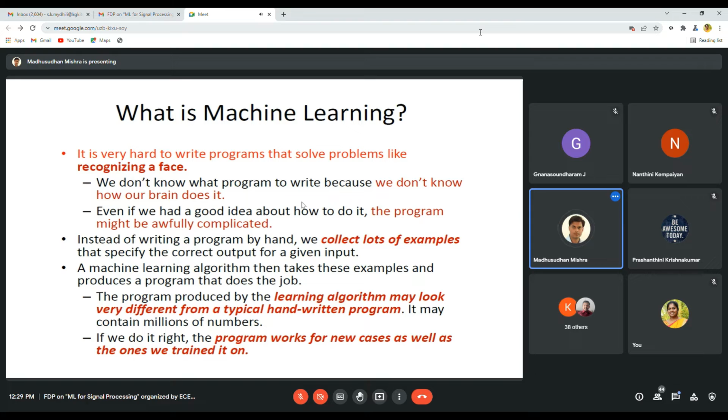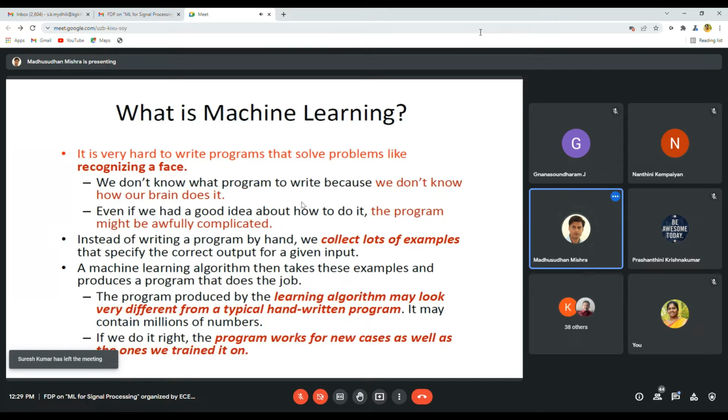Then during testing, if a new face is given and its characteristics match those of the database, it will say okay, this matches. If it doesn't match, it will say no, this is not the authenticated person.